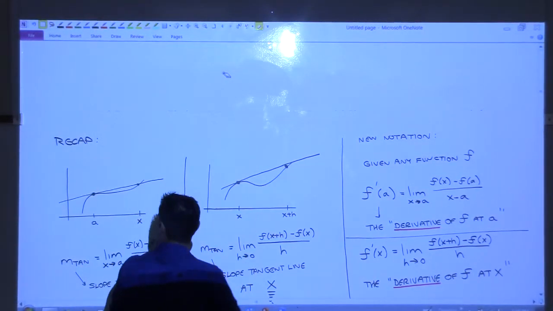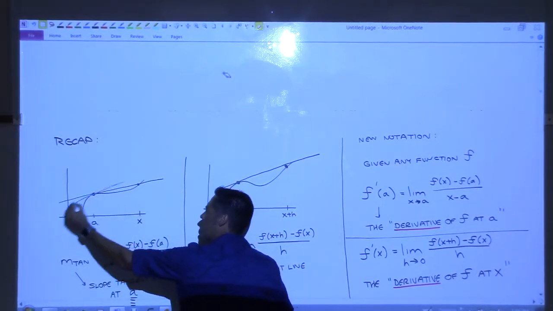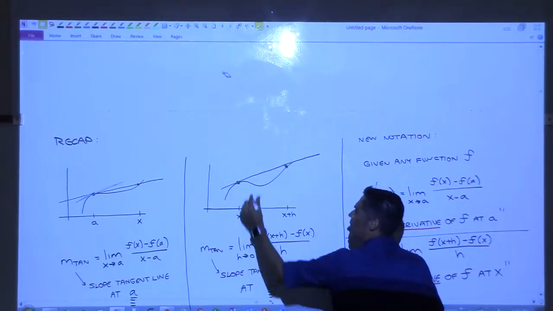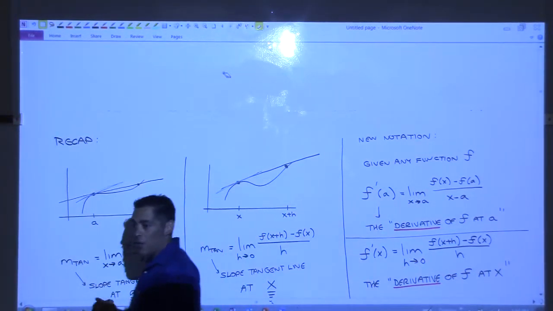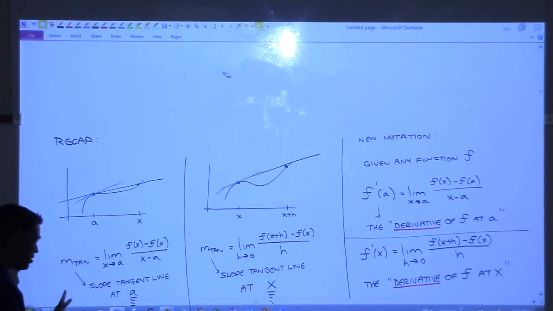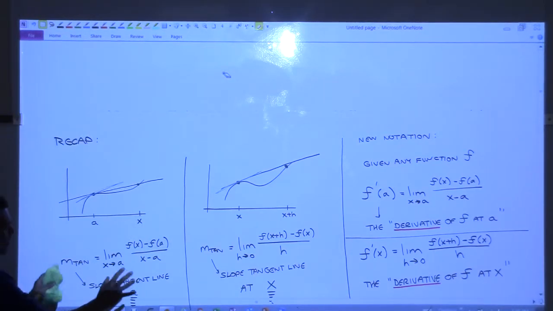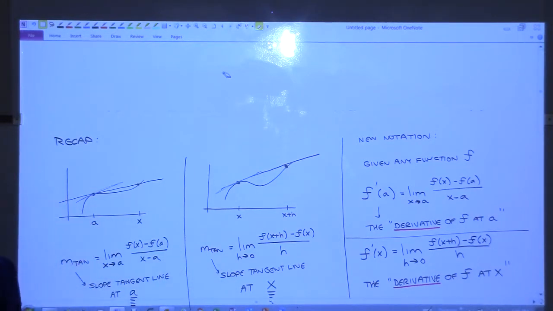So over here, if we calculate this limit, it should give us the slope of that tangent line. And if we do this limit, it would give you the same slope of that tangent line. All right, so they are equivalent in terms of what they produce at the end, but the notation is slightly different. So now that we've got these two limits, we are actually going to start to use some new notation.